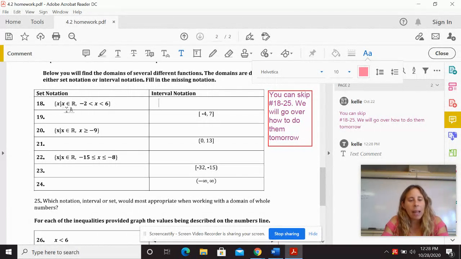X is an element of all real numbers between negative 2 and 6. This means element. Arizona is an element of the states in the United States. Diana is an element of Miss Bailey's math class.